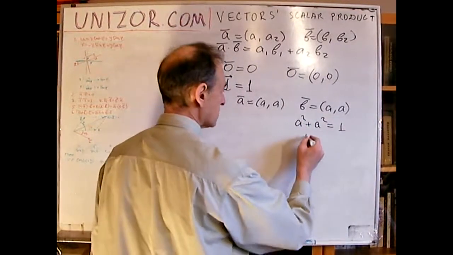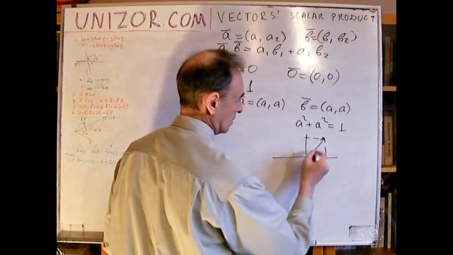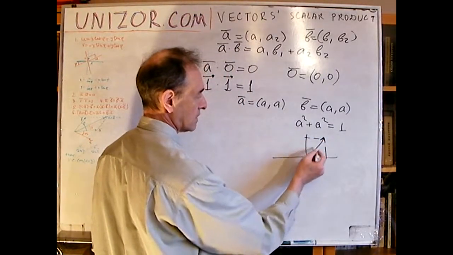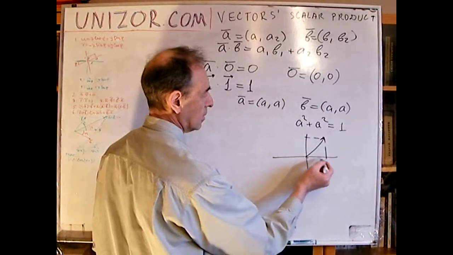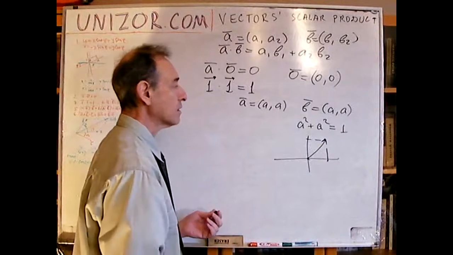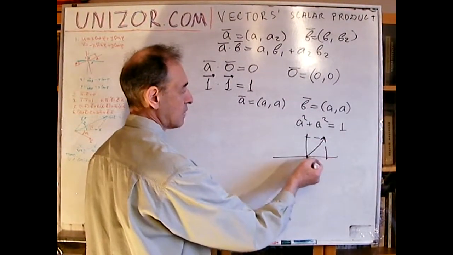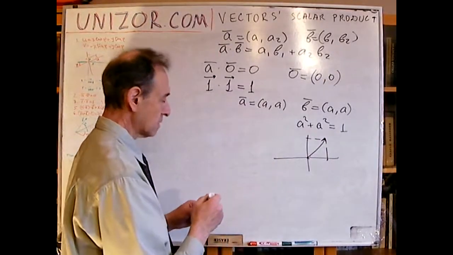Because what is the length of the vector? This is the hypotenuse, and abscissa and ordinate are two catheti, right? So by Pythagorean theorem, the length of the vector square is equal to sum of the squares of the abscissa and ordinate.